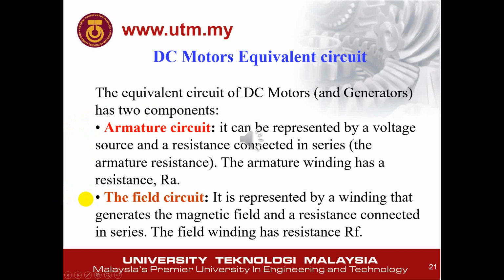Usually the armature circuit is represented by a voltage source and a resistance connected in series. And the field circuit is represented as a winding that generates the magnetic field and a resistance connected in series. So usually RF.